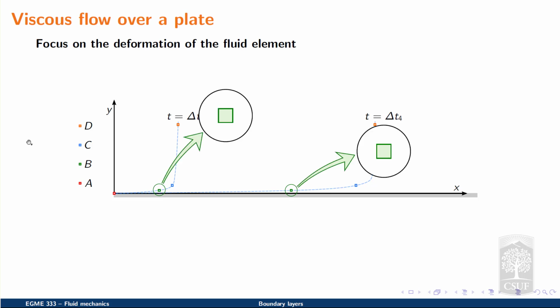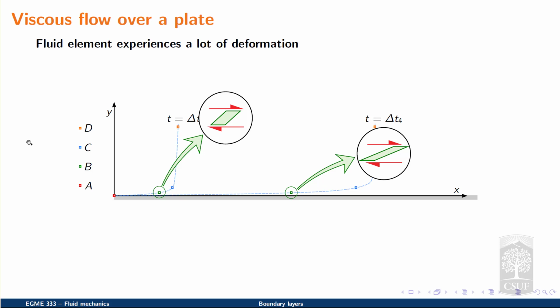On the other hand, if we focus on fluid element B, which is closer to the surface, again, initially we'll assume that this fluid element had the shape of a perfect square. However, due to its close proximity to the wall, it's going to experience a higher level of shear stress. This will result in a higher level of deformation. So it experiences a shear strain rate, du dy, that is not negligible.